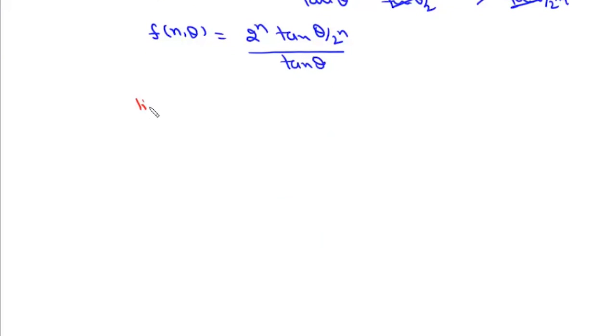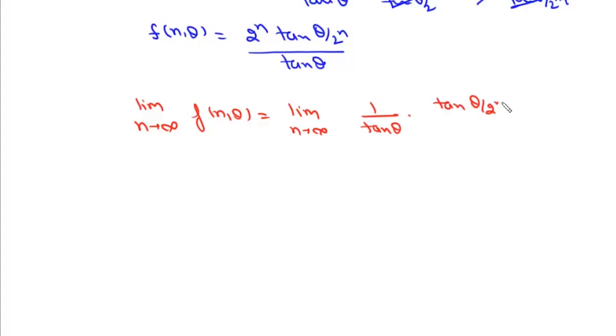Now we need to find the limit n tends to infinity of f n theta. So this limit n tends to infinity of f n theta will be the limit n tends to infinity, and we'll rearrange all this a bit. So we'll write this as 1 upon tan theta. This has nothing to do with n, and it'll be tan theta upon 2 to the power n, and we'll take this 2 to the power n in the denominator.